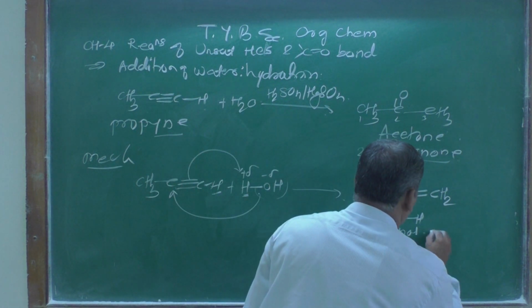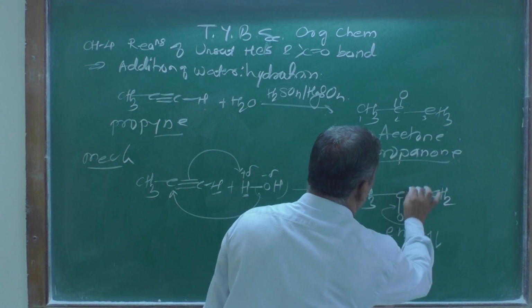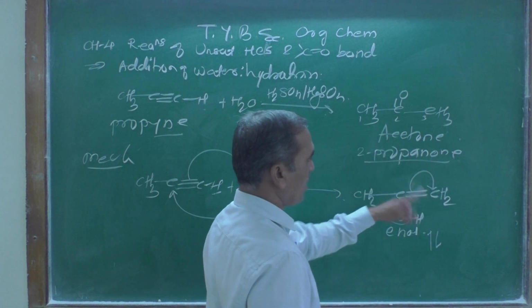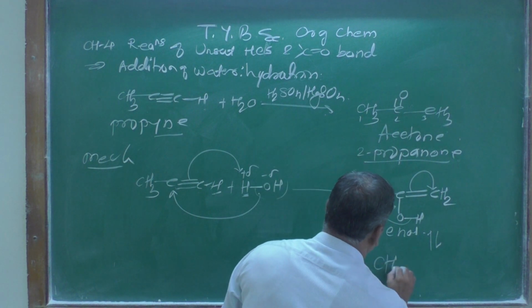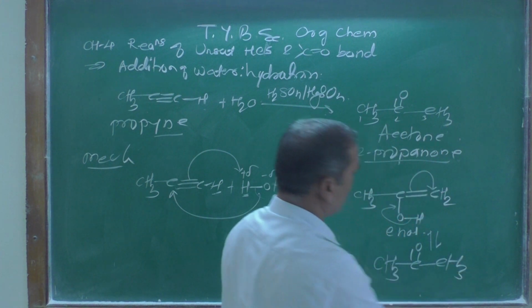Now it is going to convert into this form with a double bond over there, and here a hydrogen atom, and you will get CH3, C double bond O, and CH3, that is acetone.